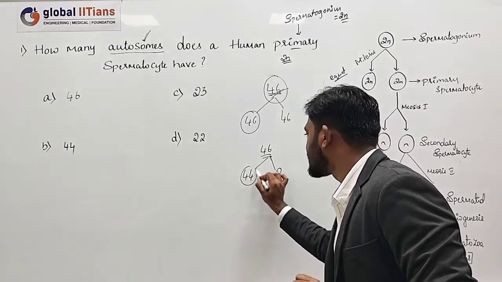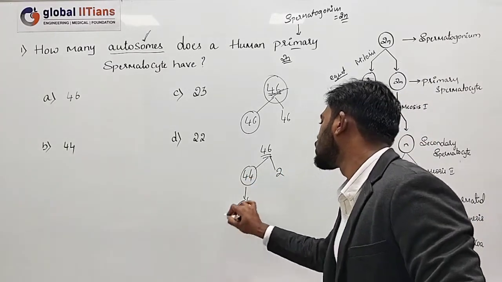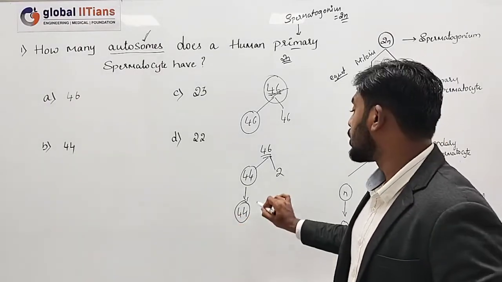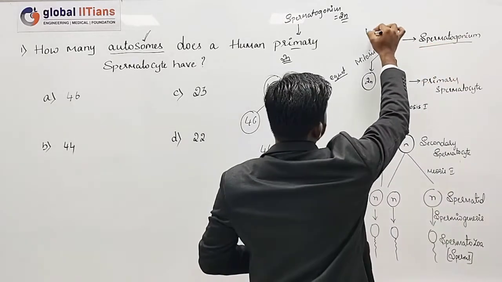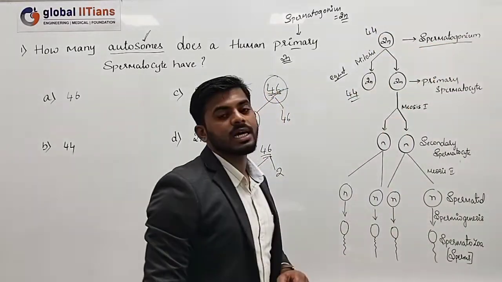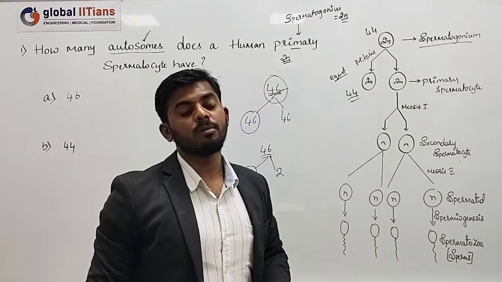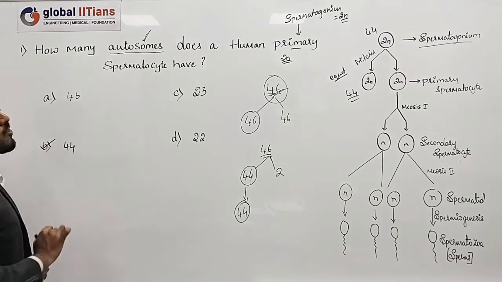So the mother cell has 44, and definitely in the daughter cell also it's going to remain the same, 44. In the spermatogonium we see 44 autosomes, and in the primary spermatocyte also we see the same number, 44 autosomes. So the correct option is B, 44.